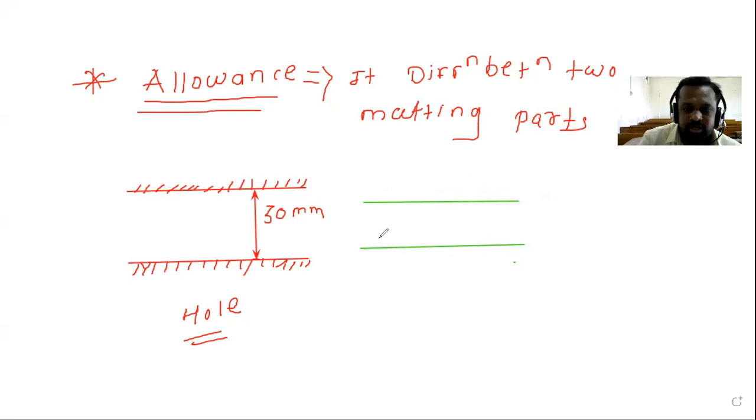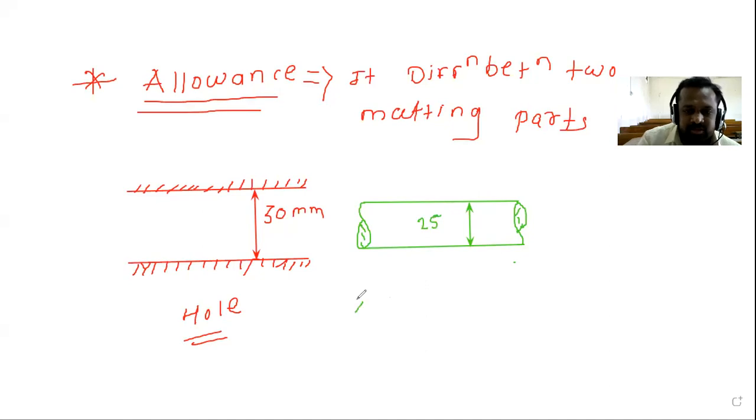Suppose this is the shaft, and the diameter of that shaft is, for example, 25.